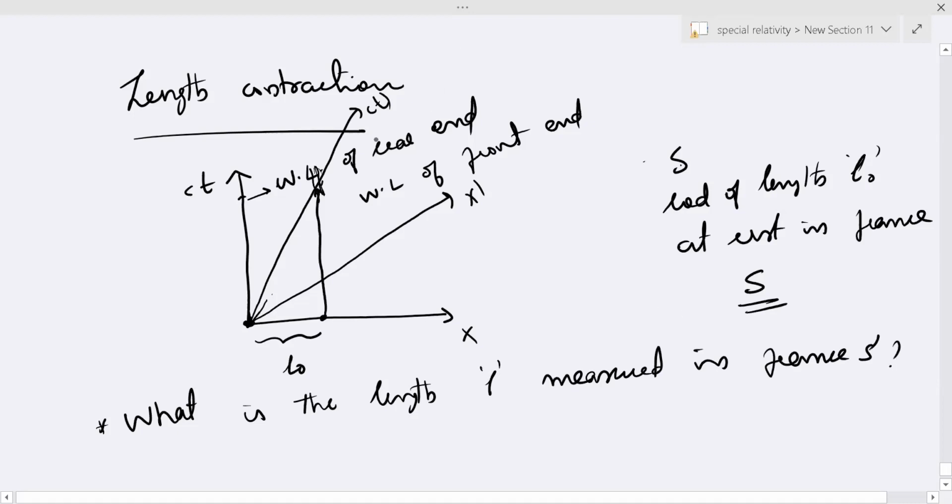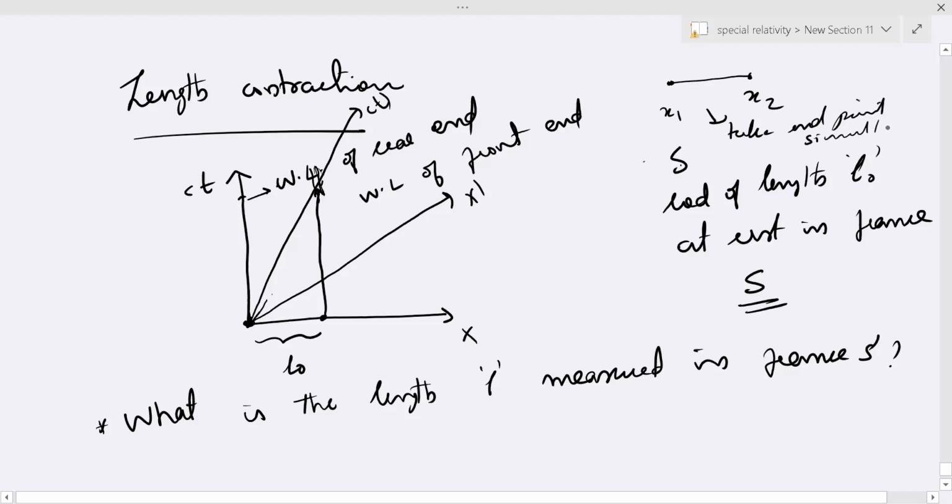You have to be careful here because in the frame S prime, the length is moving. In the frame S prime, he's measuring the moving length. If you have a moving scale, you can measure the length as x2 minus x1. It's fine, but you have to be careful to take these endpoints simultaneously.